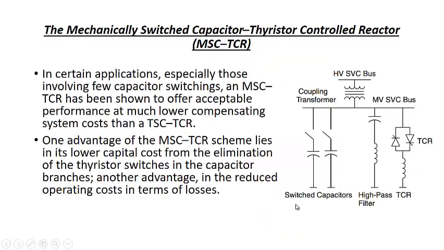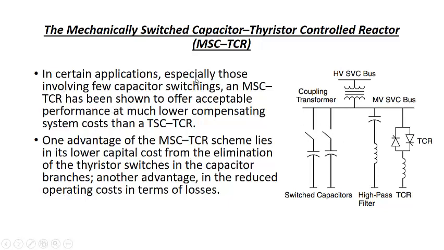Now let us have a comparison between the mechanically switched capacitor and the thyristor switched capacitor. Since we are using the FC-TCR, we can use a mechanically switched capacitor or a thyristor switched capacitor, so we will compare these two.